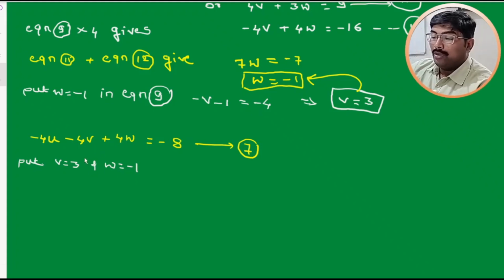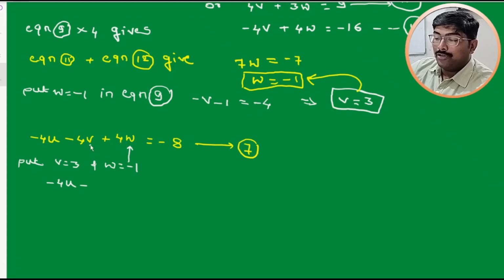If you substitute V is equal to 3 and W is equal to minus 1, you will get minus 4U minus, substituting 3 for V, 3 into 4 is equal to 12, plus substituting W is equal to minus 1, minus 1 into 4 is minus 4, that is equal to minus 8.